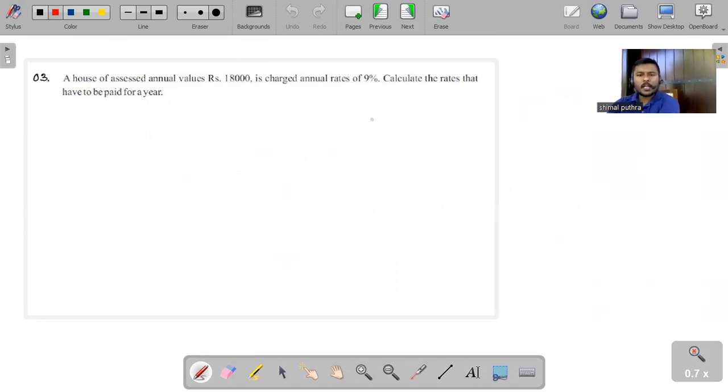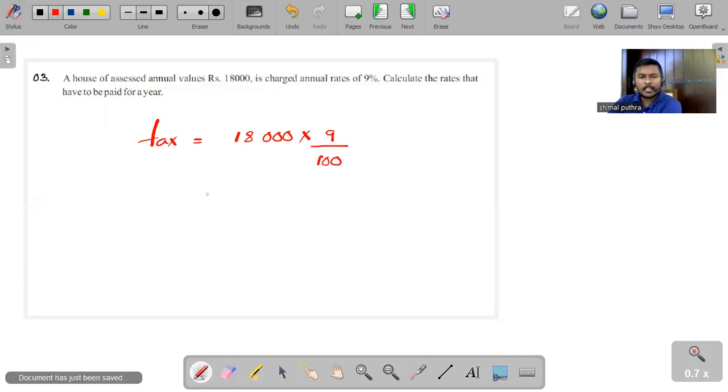We have to calculate the rate that has to be paid for a year. That means the tax amount. According to the valuation, the assessed annual value is 18,000. From the 18,000, I have to pay 9%. I discussed this kind of question in example 1. Zeros cancel, so this is 180 into 9.